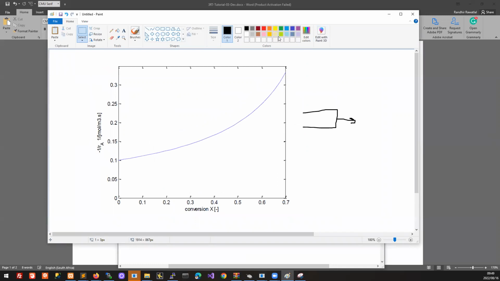So just quickly, what we want to do is integrate from here, 0.5. We know we want to achieve a conversion of 0.5, so the PFR must be long enough to reach 0.5 by the exit. And so we want this area, the area underneath this curve here.